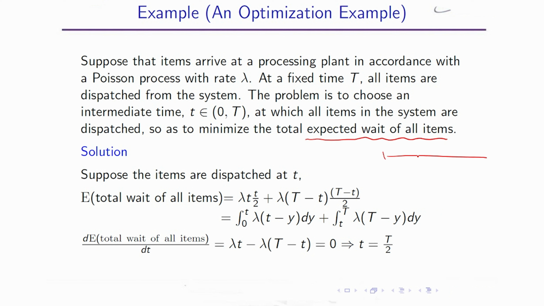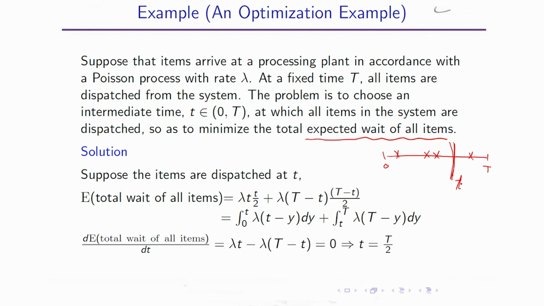So this is like you have 0 and T, and then some items just come in accordance with the Poisson process. Now you want to choose little t here, to make sure that the total waiting time of all items is minimized.